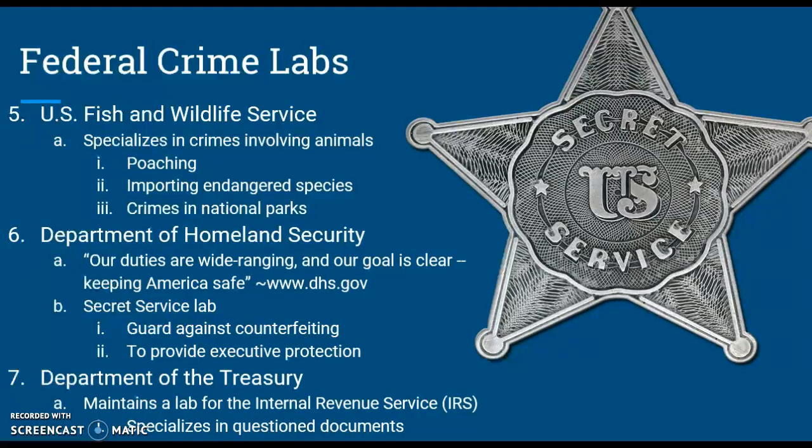The Department of Homeland Security is the newest federal crime lab. They were made after the events of 9/11. They also contain the Secret Service lab, so they keep the borders protected, and then they maintain the Secret Service lab, which deals with counterfeiting and obviously the protection of the president.